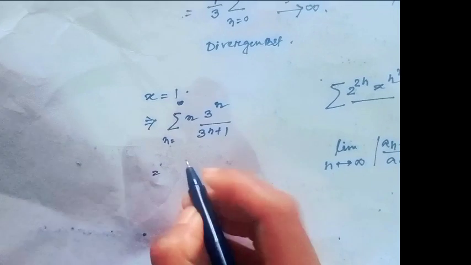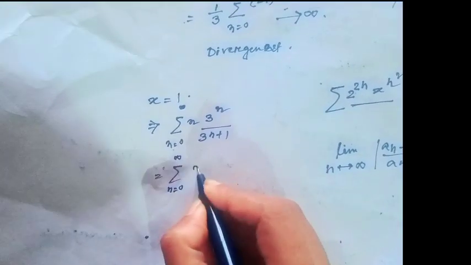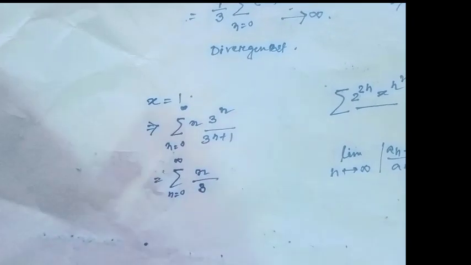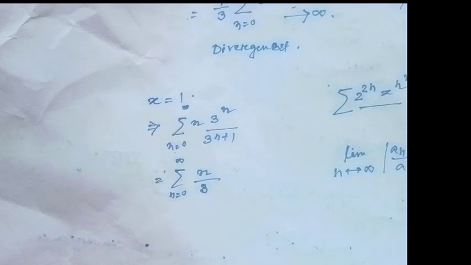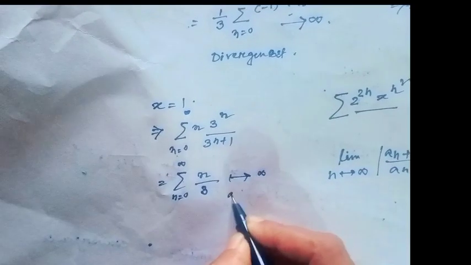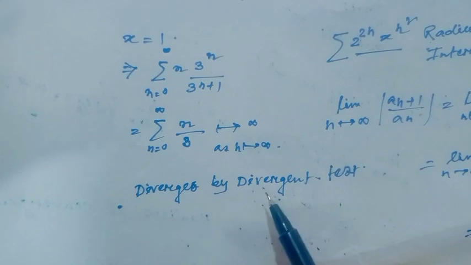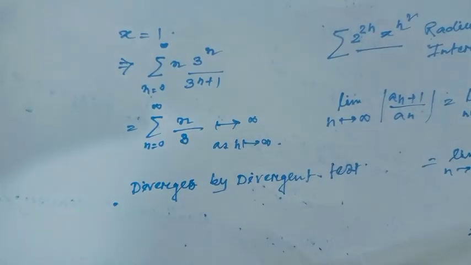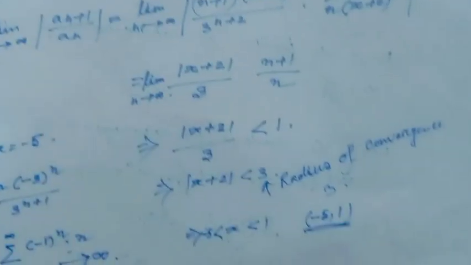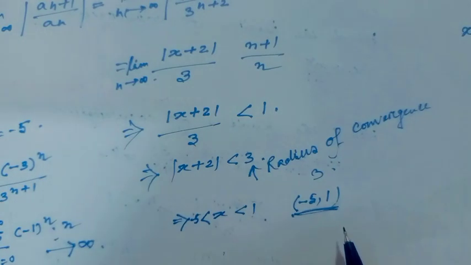Then this value would be the series of n over 3, and obviously this value goes to infinity as n goes to infinity. So this series diverges by the divergence test. Therefore, the interval of convergence of this power series is the open interval minus 5 to 1.